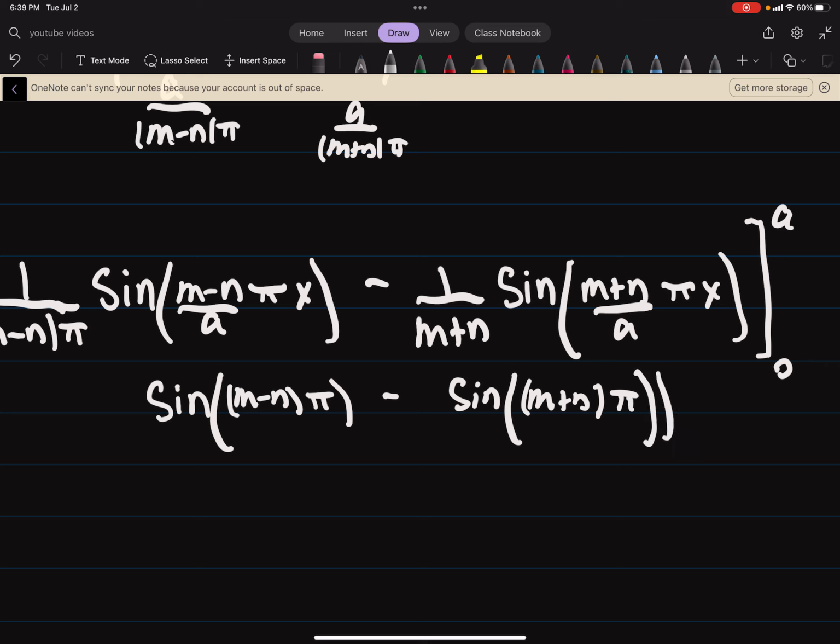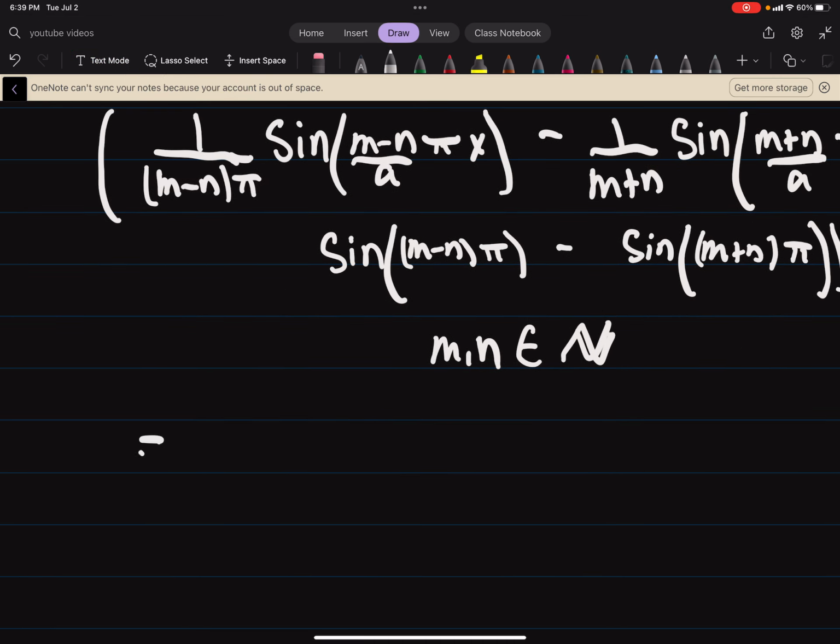Remember, m and n are elements of the set of natural numbers. And if you add or subtract two natural numbers, you're just going to get another natural number because there's closure in that set. So sine of a natural number times pi is always going to be 0. And obviously if you plug in 0 for x, you're going to get 0. So this whole thing is equal to 0, which is what we wanted to show.